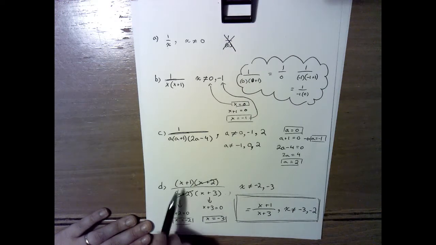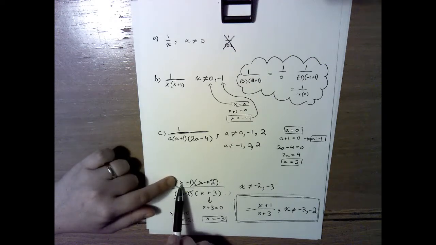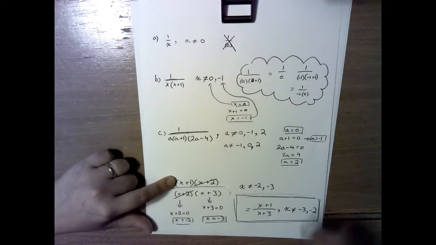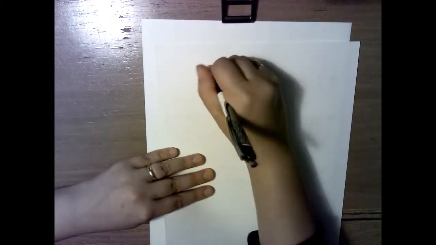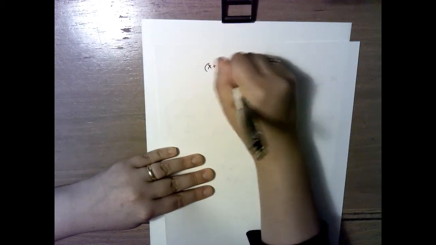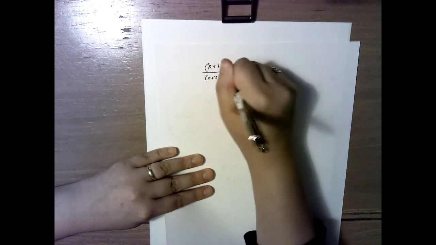Also, I want you to notice that x plus 1 was not considered as one of our restrictions. The reason is that if x was equal to -1, so let's say x equaled -1, my expression was x plus 1 times x plus 2 over x plus 2 times x plus 3.